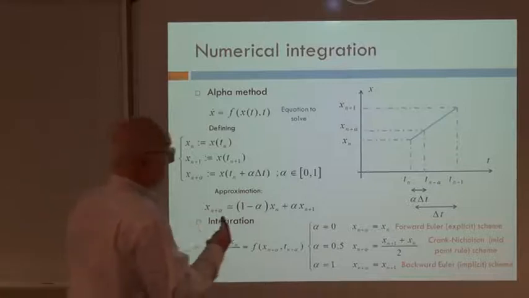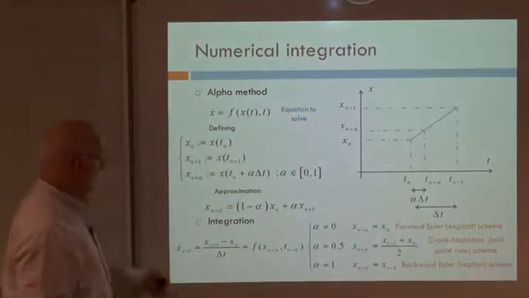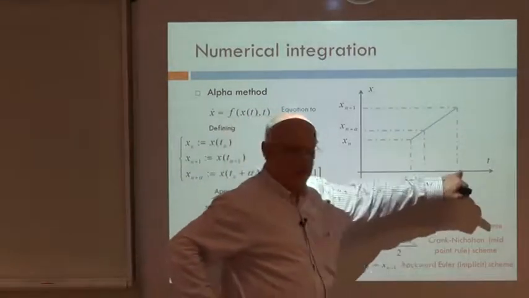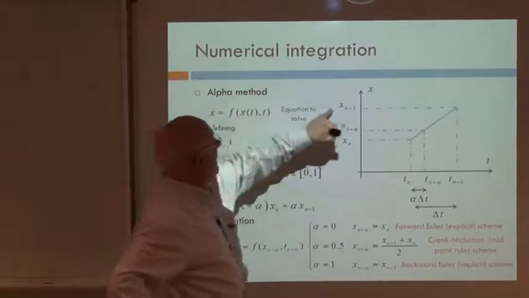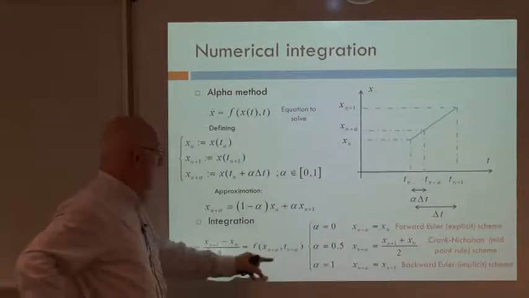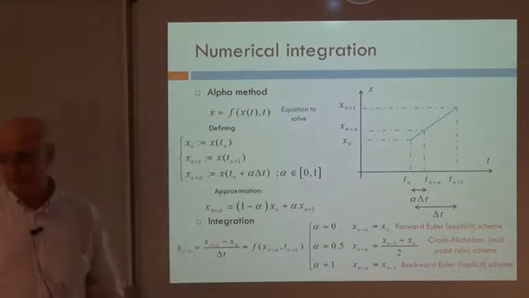On the other hand, I could evaluate at this point, which corresponds to alpha equal 1. Alpha equal 1 returns this time, and then I'm replacing in here the value of f at xn plus 1. By doing that, I will have an equation I have to solve.